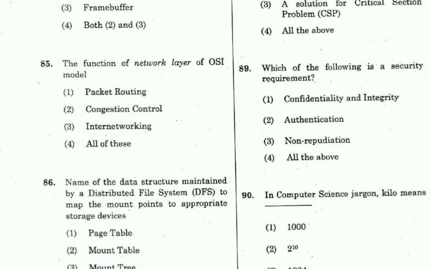Some of the key security requirements are confidentiality, integrity, authentication, and non-repudiation. Confidentiality protects the sensitive data, integrity prevents the data alteration, and authentication confirms identity of users. Non-repudiation prevents denial of service. So option 4, that is all of the above, is the correct answer.